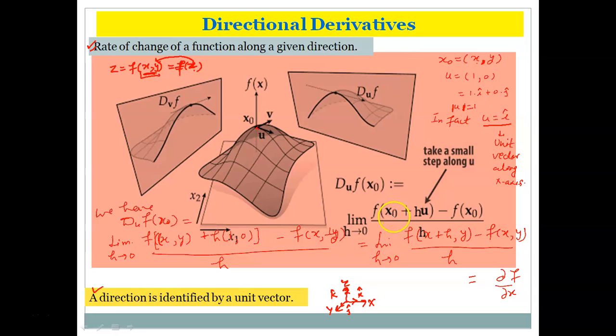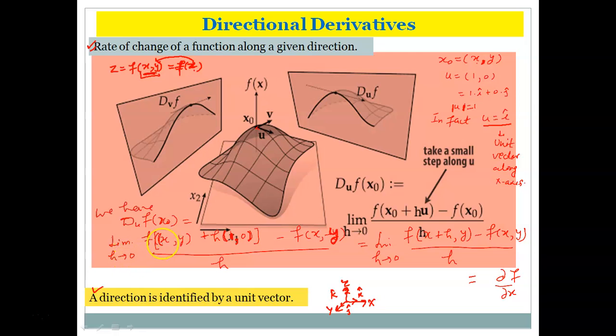So in place of this x naught, we can write f of (x, y) plus h, and in place of this u we can write (1, 0), because u is (1, 0). Then the limit as h tends to 0 of f of (x, y) plus h times (1, 0) minus f of (x, y), divided by h.